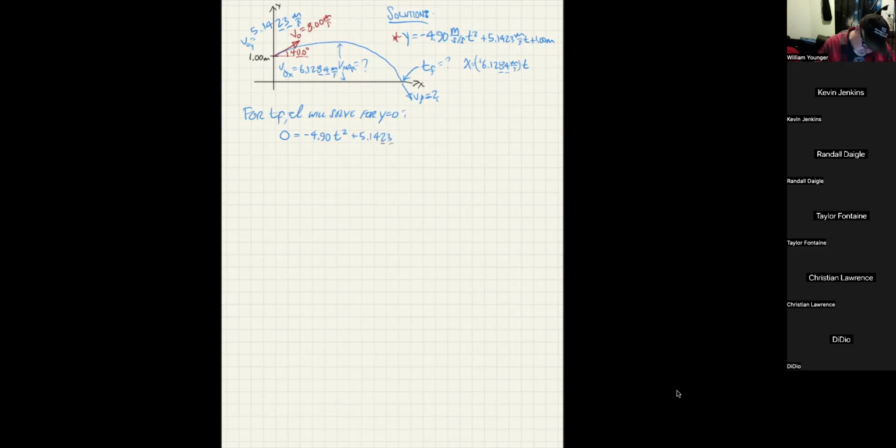Again, that's extra sig figs there, times t plus 1.00, like that. Okay. So in this case, you might as well use the quadratic formula, which basically says t is equal to negative b, 5.1423, plus or minus the square root of 5.1423 squared minus 4 times negative 4.9048, and then c, of course, is 1.00.